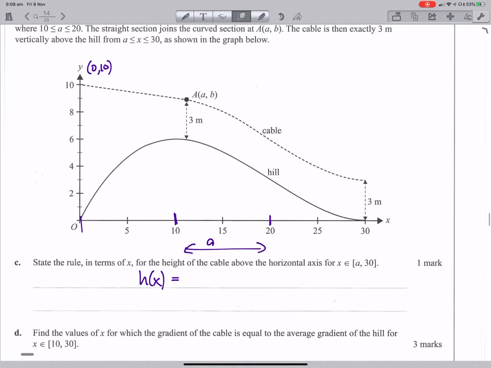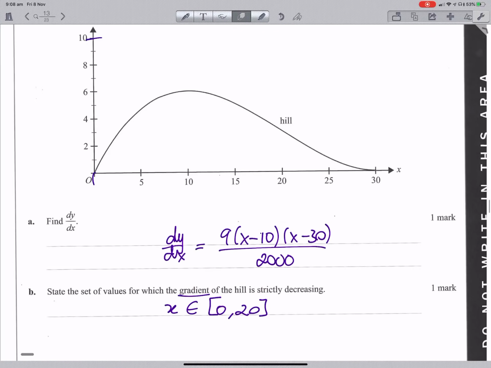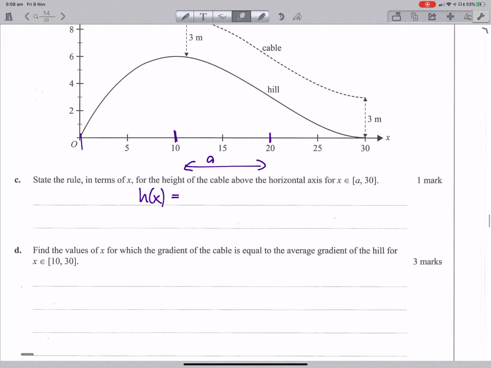Alright, I'll write the equation. 3x, x minus 30 squared on 2000 plus 3, x is an element of A to 30.